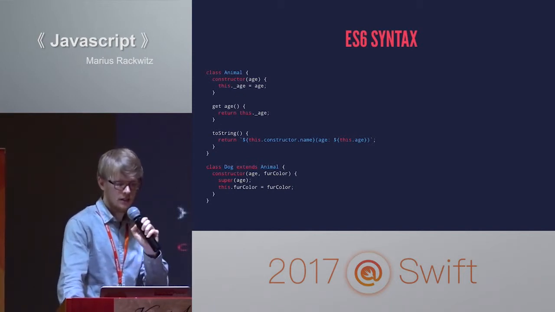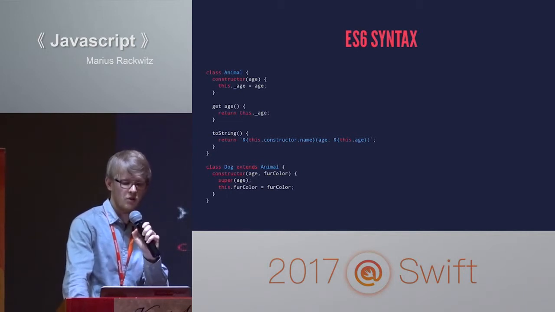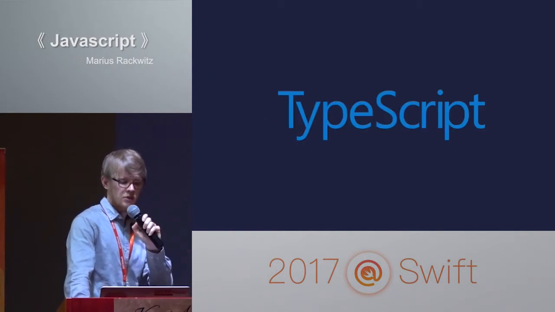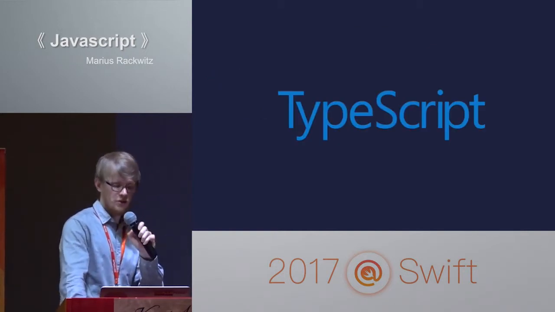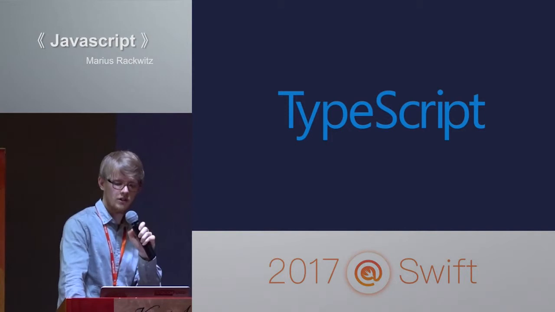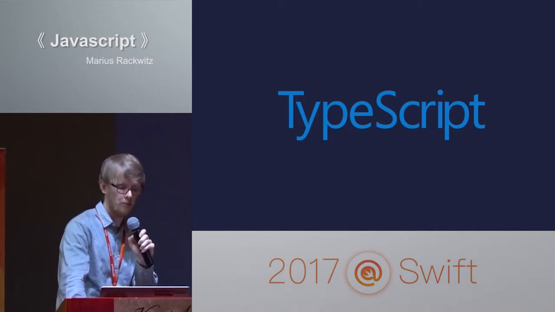But besides ES6, we also see other approaches to what you can build around JavaScript. TypeScript is a language on top of JavaScript, and as the name implies, it brings types, including generics, union and intersection types, tuples, type aliases, and a lot more.